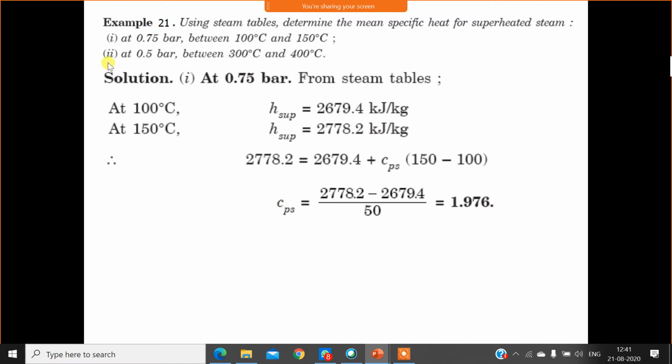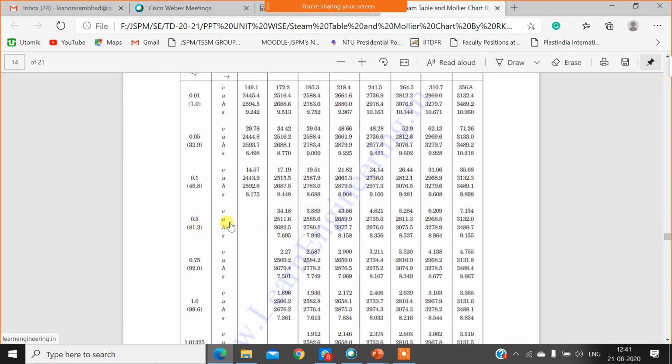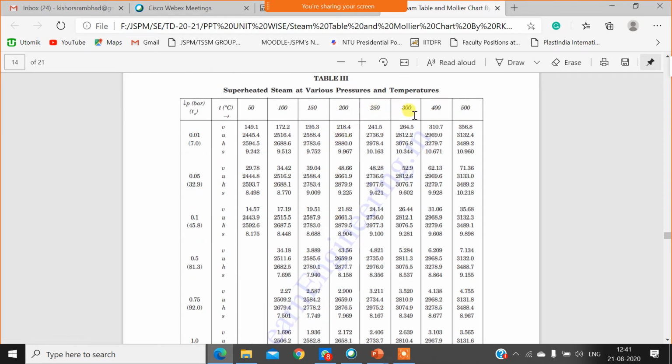Now the second part of this problem: at 0.5 bar between 300 and 400 degrees Celsius. At 0.5 bar from steam table, look at the steam table between 300 and 400. This is 0.5 bar, this is 300 and 400.